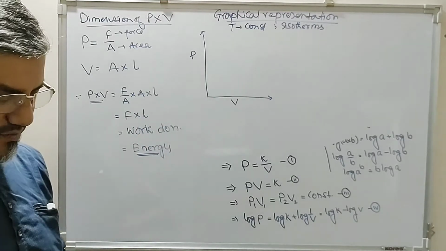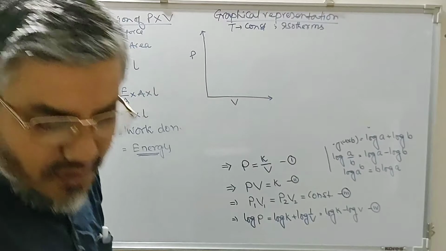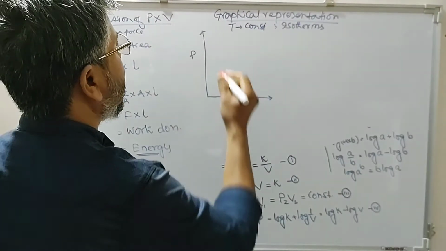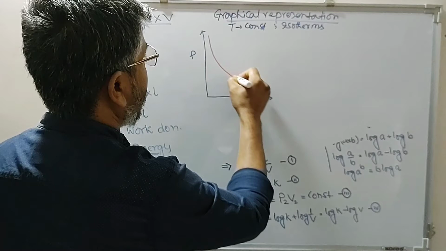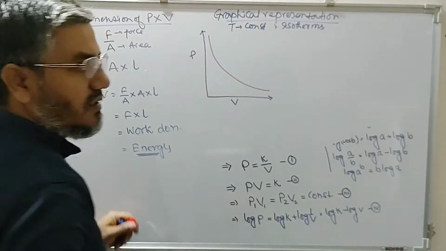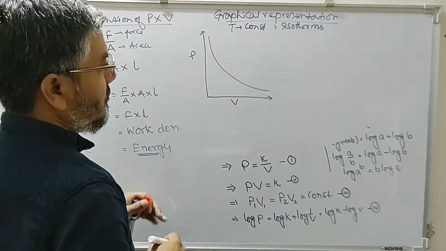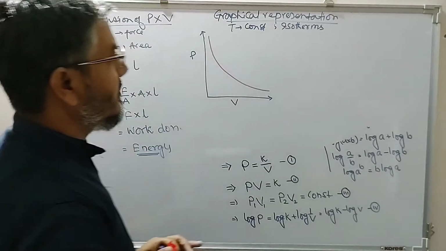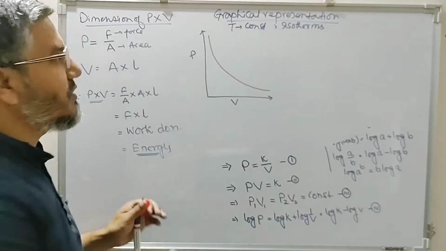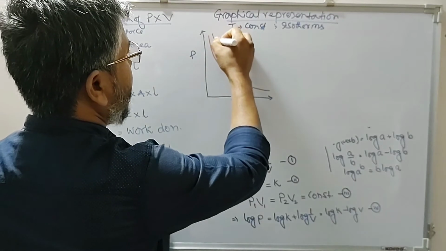So this pressure volume graph looks like this. If volume is increased, pressure is decreased. This is at a given temperature. If the graph is at different temperatures, the graph looks the same.